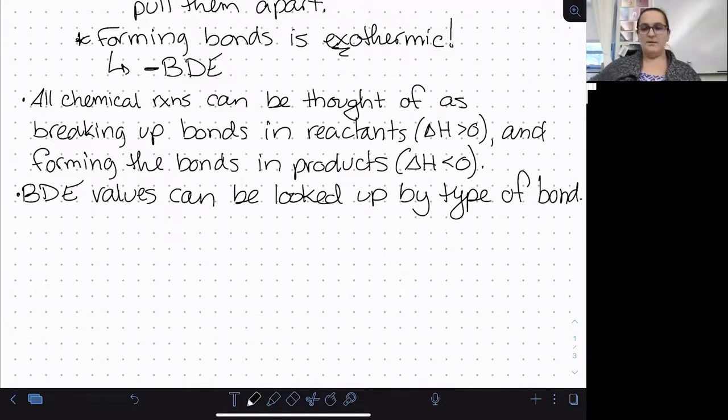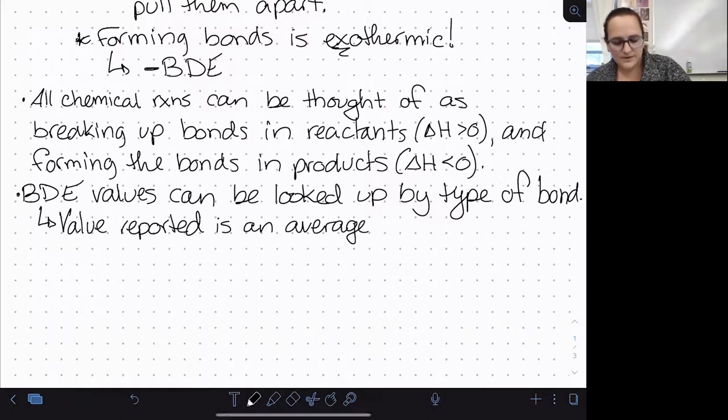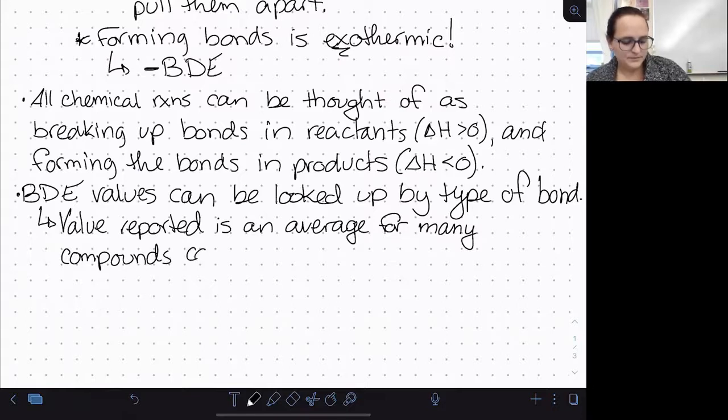But one thing to keep in mind with using bond dissociation enthalpy is the value that you find is not specific to one particular compound. So the value reported is an average value for many, many different compounds containing that same type of bond. And bond strength does vary a bit from compound to compound.